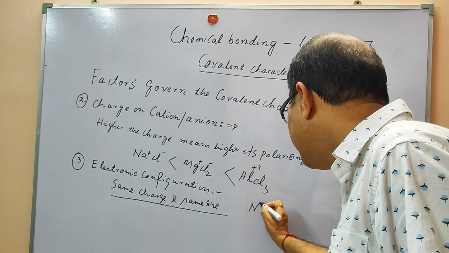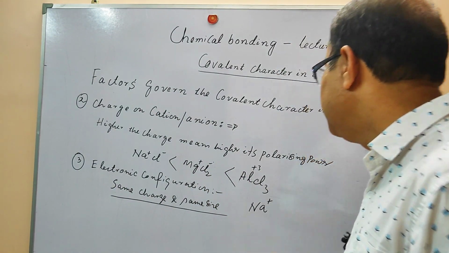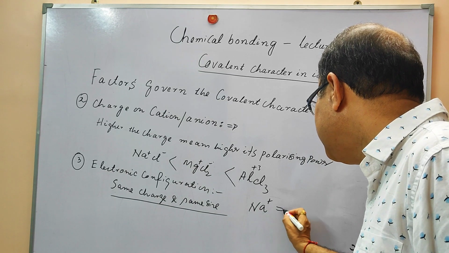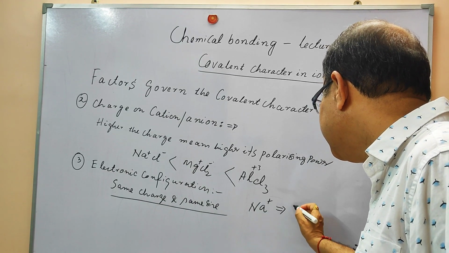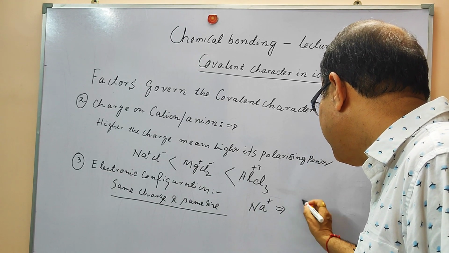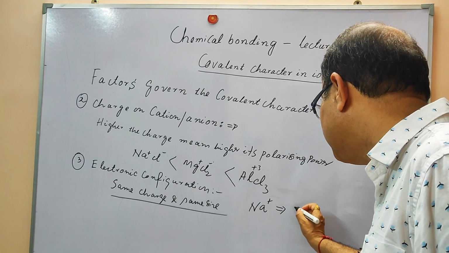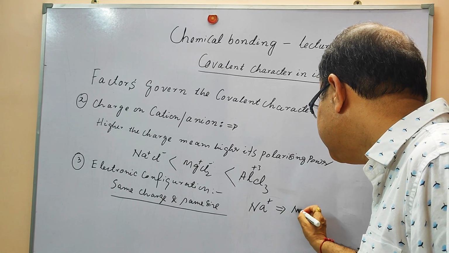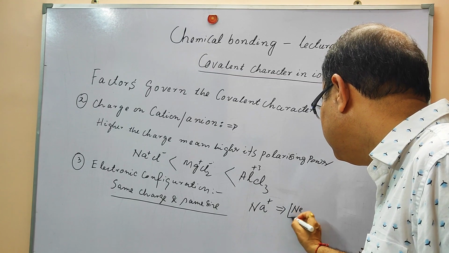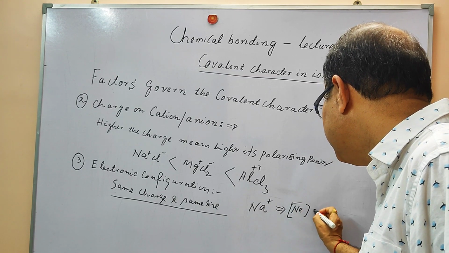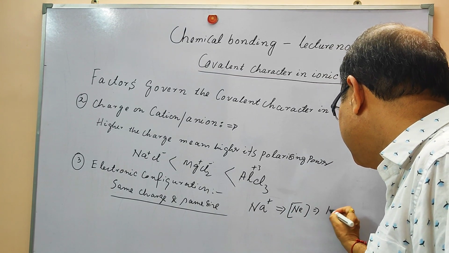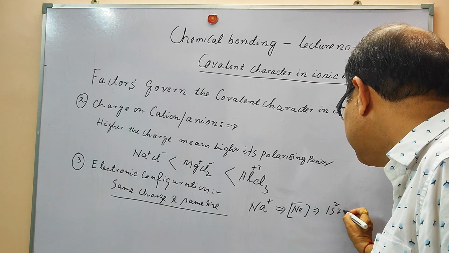As for example, sodium plus has the valence shell electronic configuration with 8 electrons because it is the neon core.